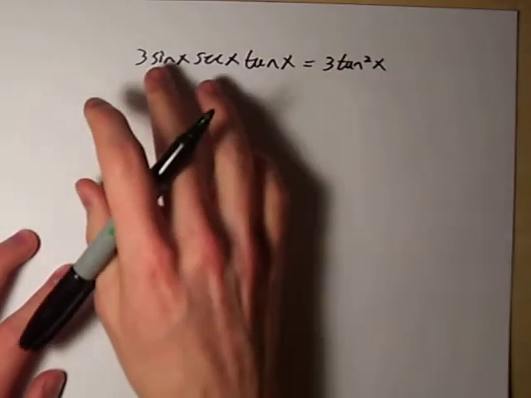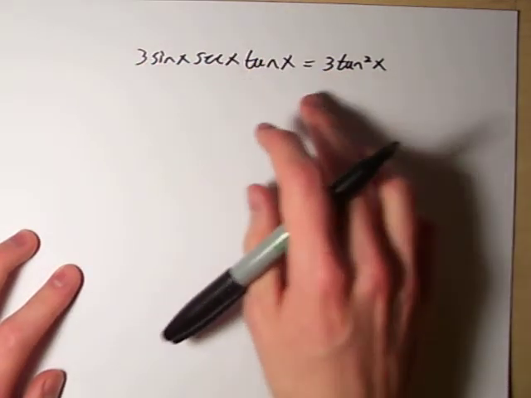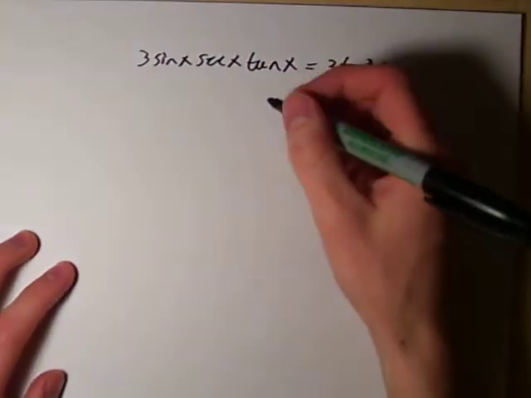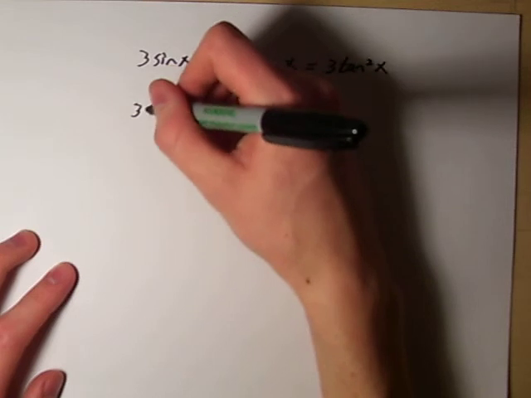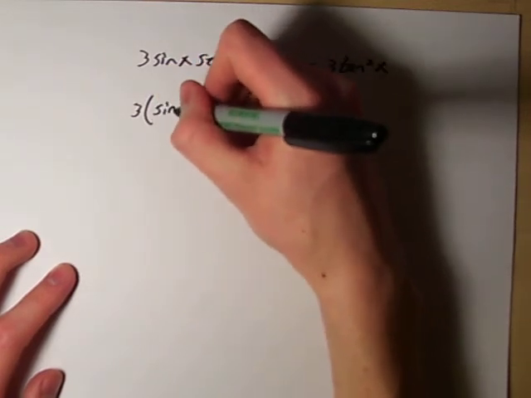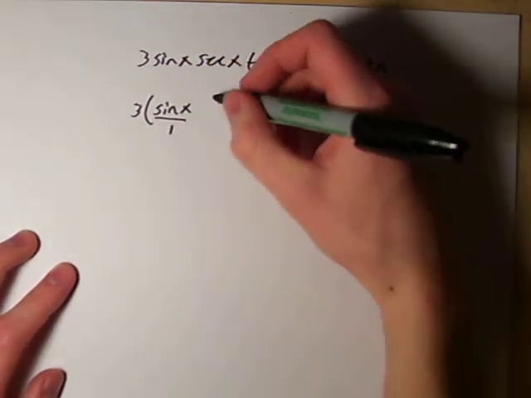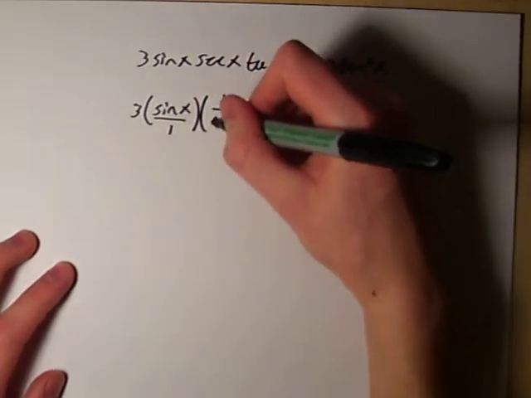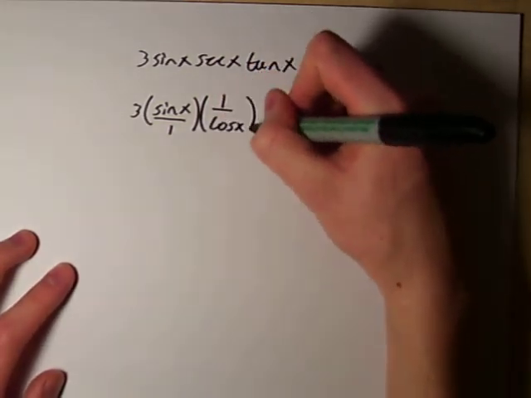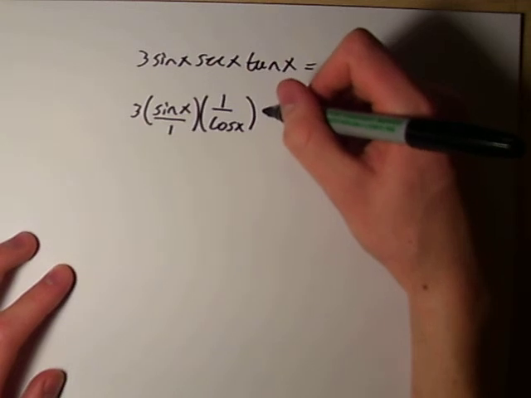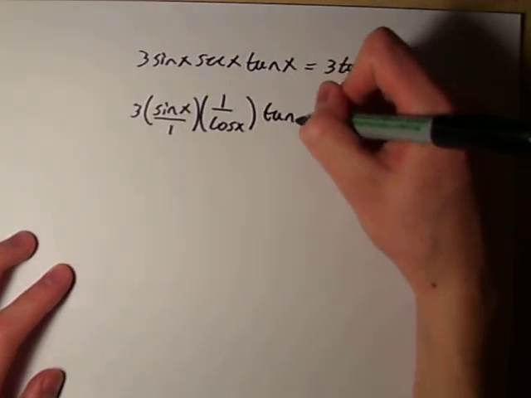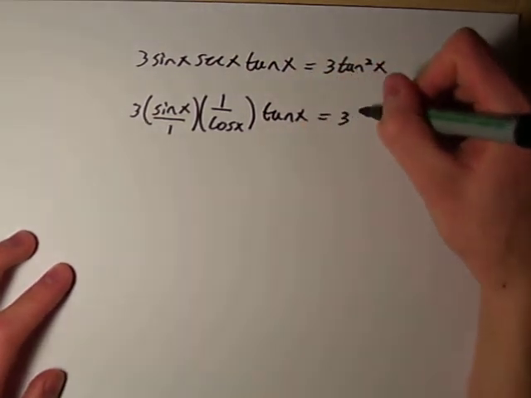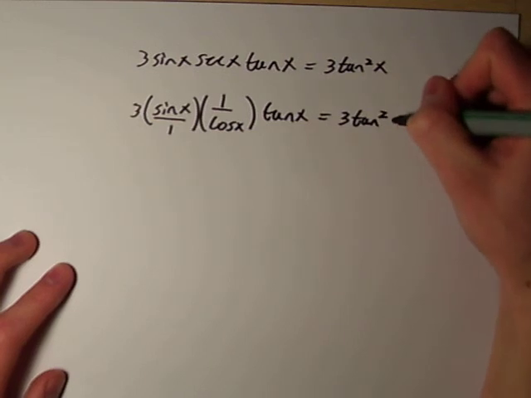We have a 3 on both sides. We have 4 things being multiplied together to give us 2 things. So we're going to say 3 times sine x over 1 multiplied by 1 over cosine x multiplied by tangent x equals 3 tangent squared x.